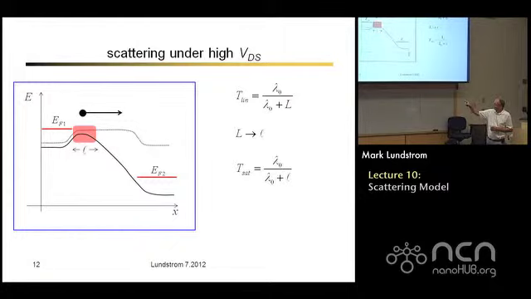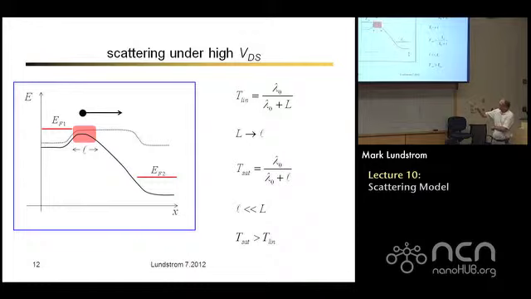If I look at the solid line, where the scattering matters, the electrons were just injected with thermal energy. They don't have an electric field that's accelerated them. They still have small energy, about the same mean free path. So the surprising thing is that under both low bias and high bias, I should use the same mean free path. That mean free path is related to mobility. So that's the argument that mobility still has some relevance for these small devices.